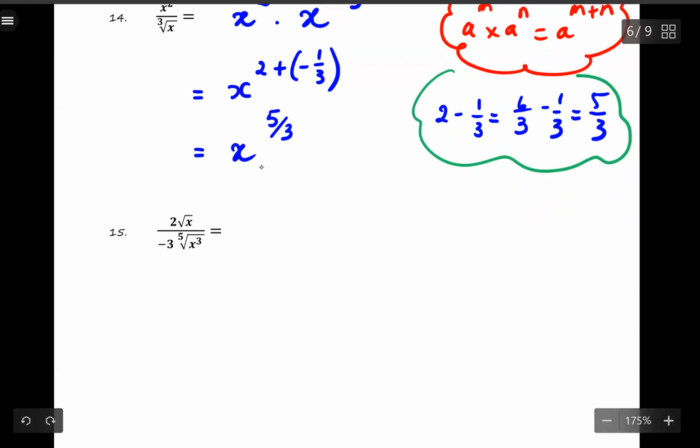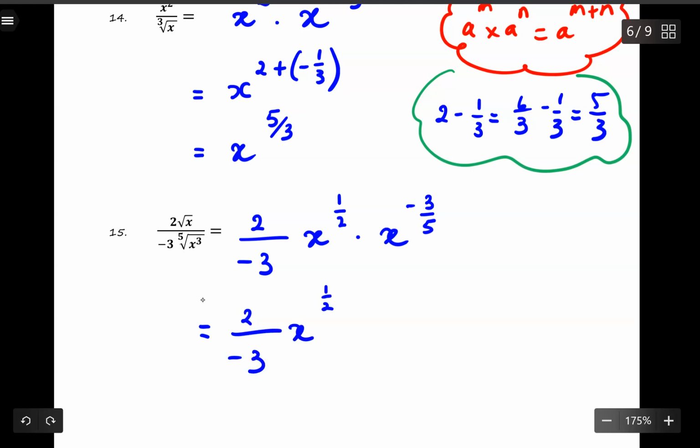Okay, so number 15, I'm going to leave these two numbers as just the fraction, and I just work with the expression in terms of x, so the radical in terms of x. So this is x to the 1/2, and I multiply that with x to the -3/5. Okay, so in this case the exponents are 1/2. Add that with -3/5.